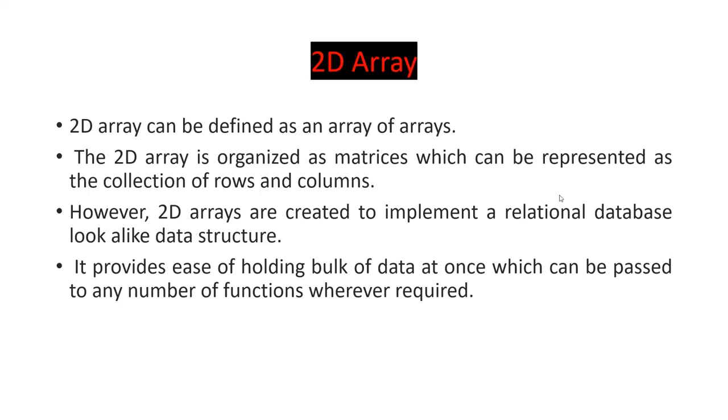In a two-dimensional array, the elements are represented as a collection of rows and columns. Two-dimensional arrays are created to implement relational database-like data structures, and they are mainly used to store bulk data.